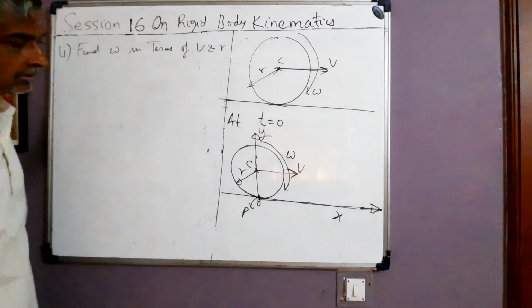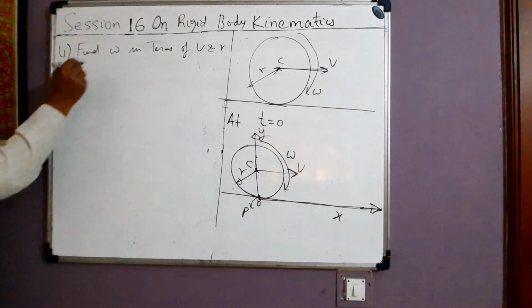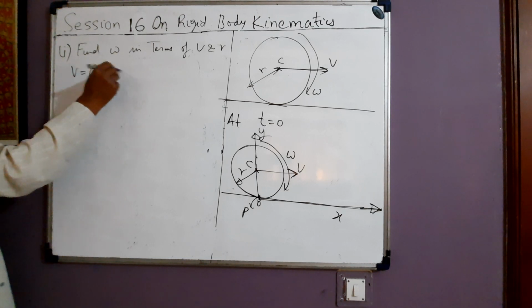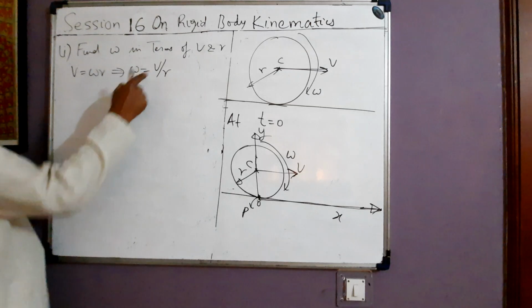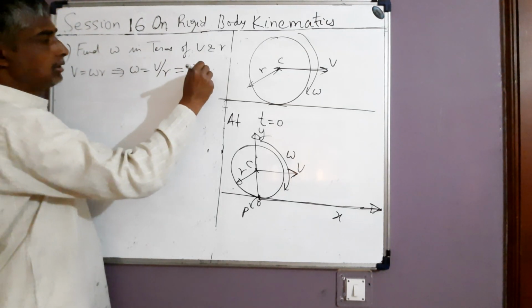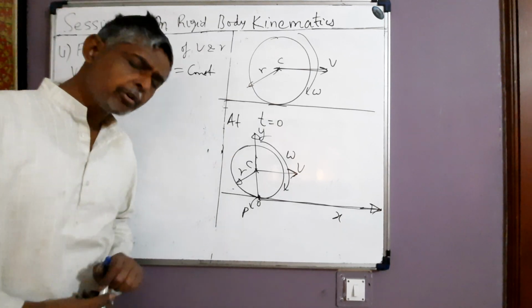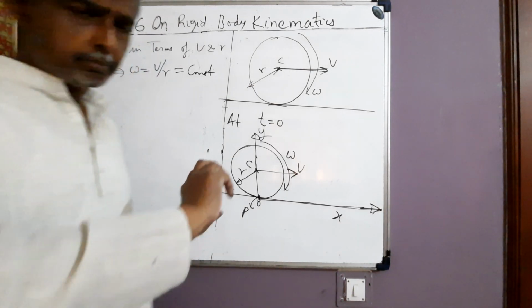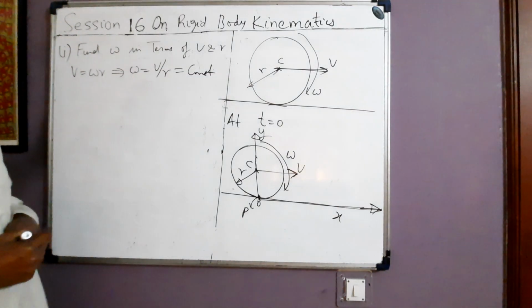So omega is equal to V by R. Now speed V is given to be constant and R is the constant radius, so omega is also constant. What is meant by angular speed? The angle turned through by the drum in 1 second.